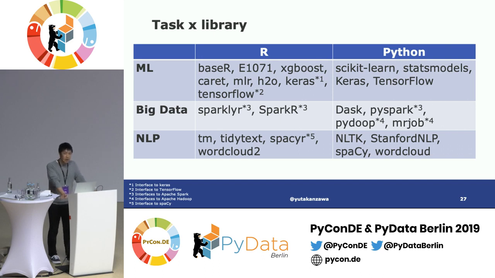Now you can use Keras and TensorFlow in R, but the backend is actually Python. So technically, you use Python when you use Keras and TensorFlow in R. And also for big data and natural language processing, Python has more options than R does.